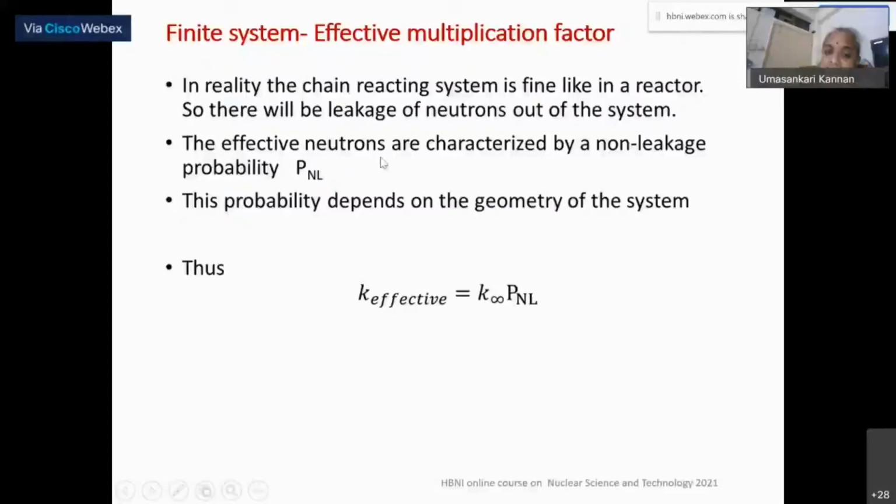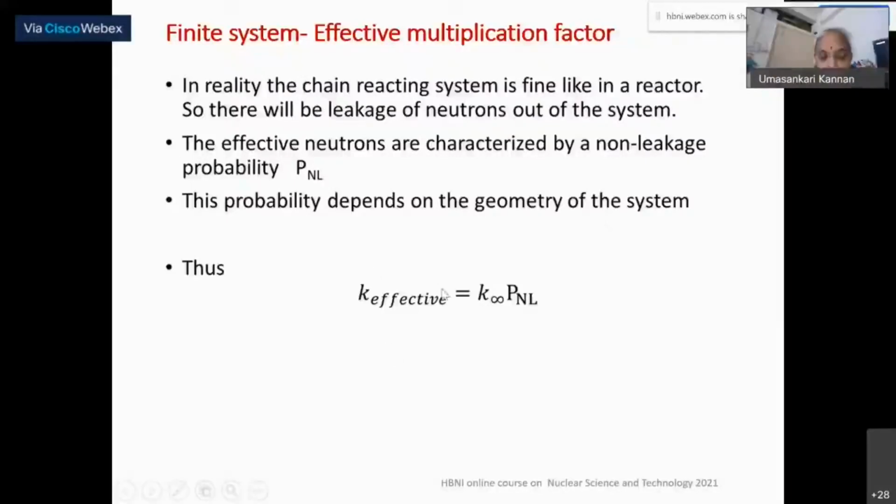So the effective neutrons which are there in the system or in the medium are characterized by a non-leakage probability. This probability depends upon the geometry of the system, whether the volume of the system is small or large. So effectively the neutrons are not going out of the system.